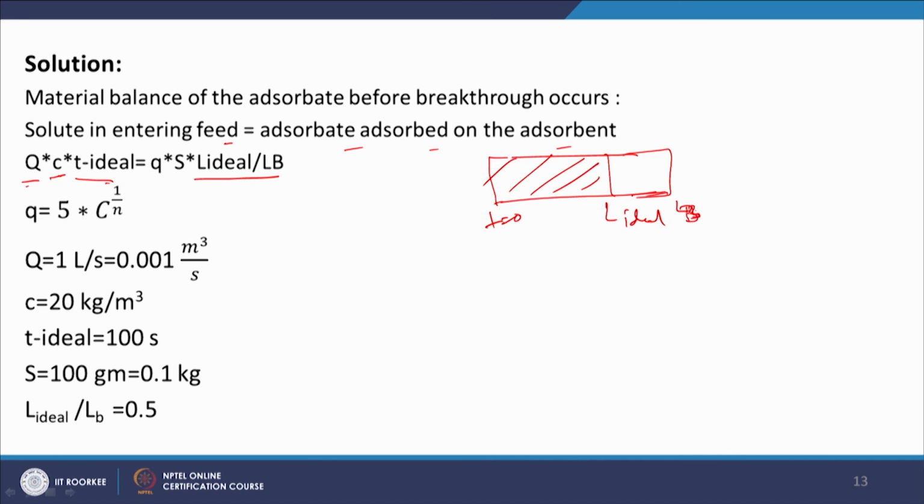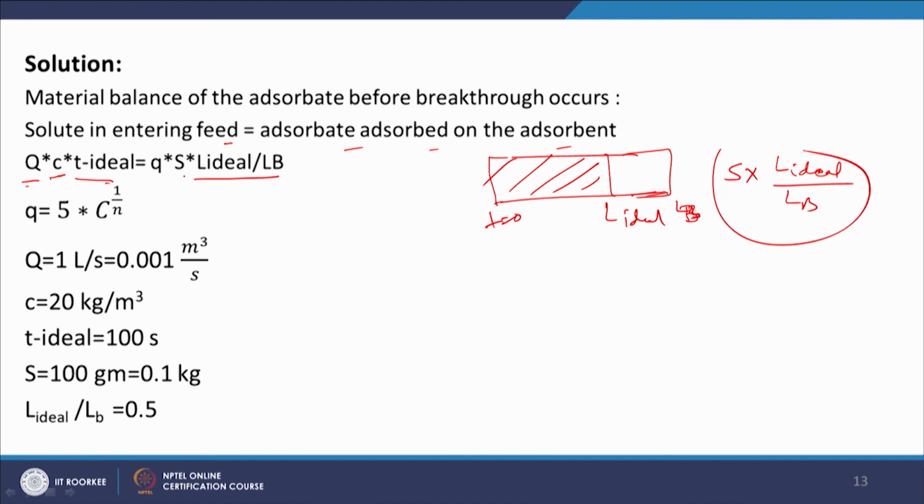If the total material present is S, then the material present in this part will be S into L ideal divided by L b.